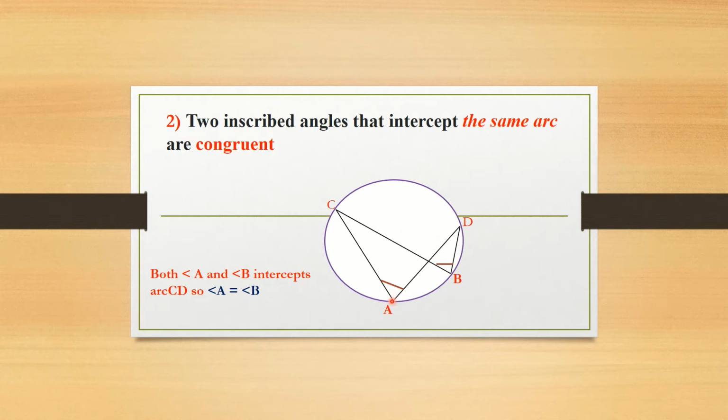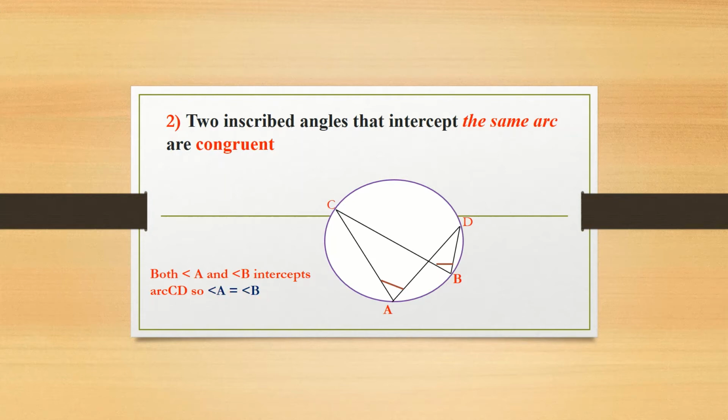Angle A is intercepting arc CD, and angle B at the same time is intercepting arc CD. That means angle A and angle B are congruent since they are intercepting the same arc CD.